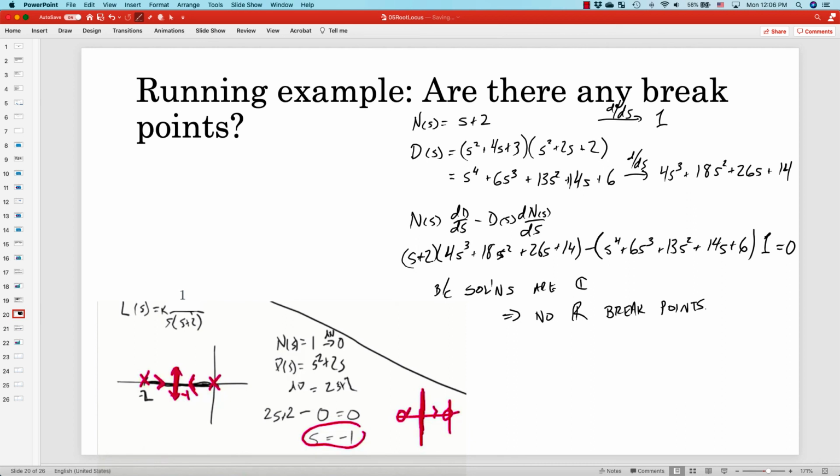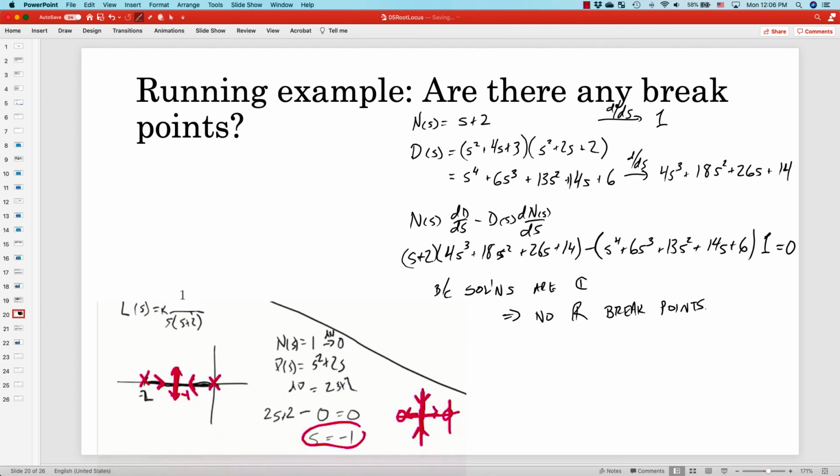And so the context here would be, this is a break-in because these branches would be coming from complex land and breaking onto the real axis and then traveling to their respective open loop zero homes.